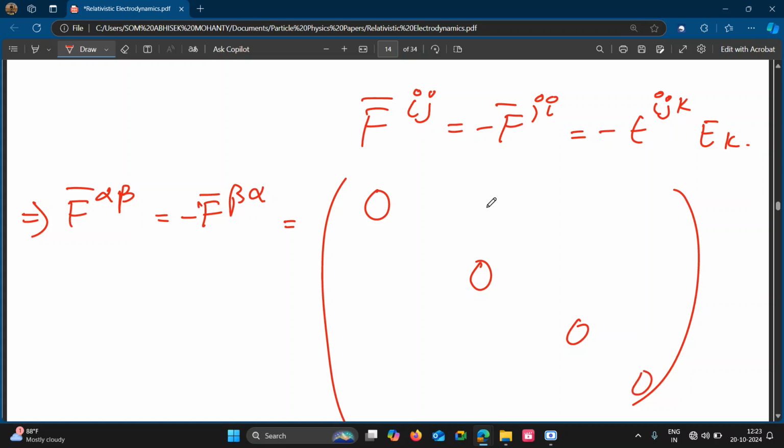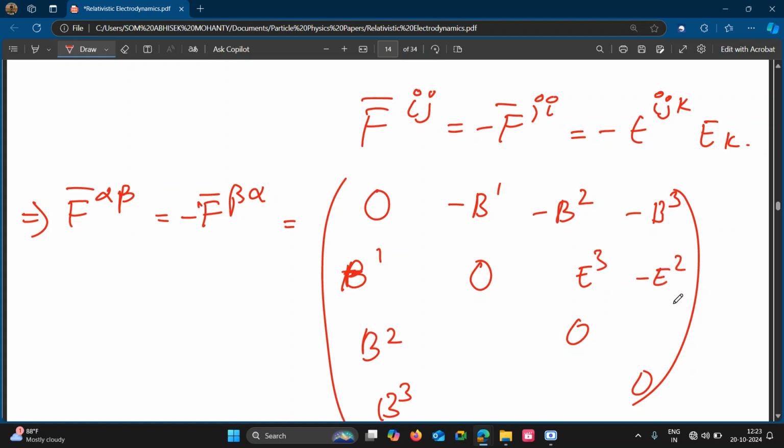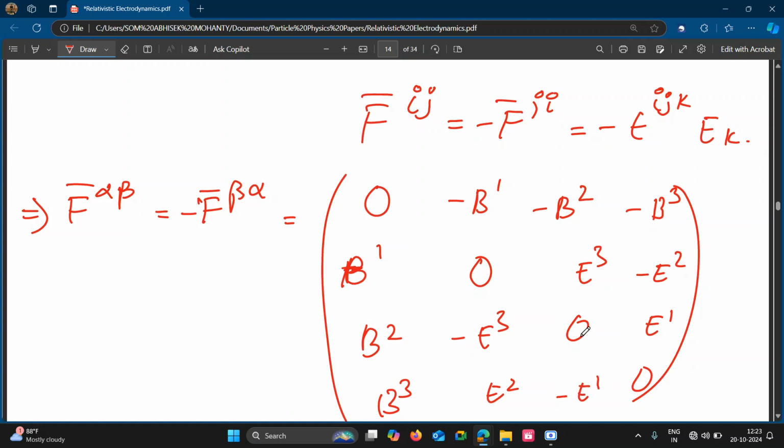The first row and column are magnetic field terms: minus B1, minus B2, minus B3, and plus B1, B2, B3. The rest are electric field terms: E3, minus E2, E1, and minus E3, E2, minus E1.